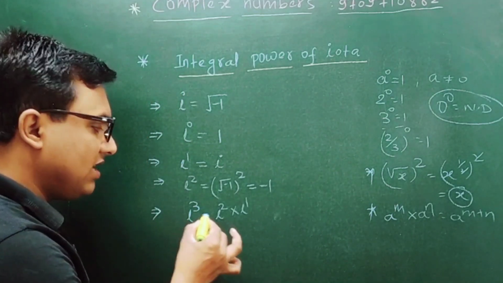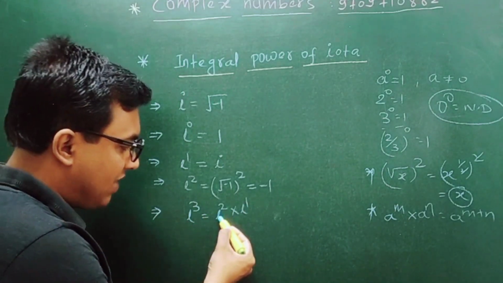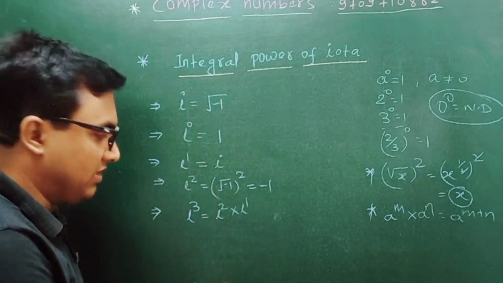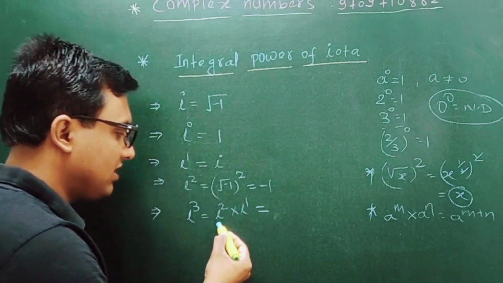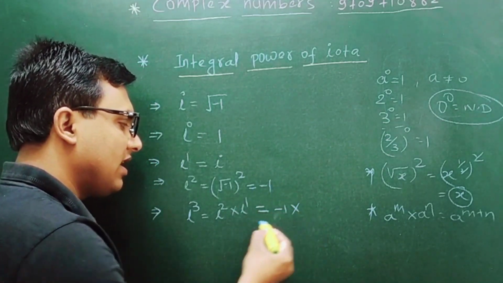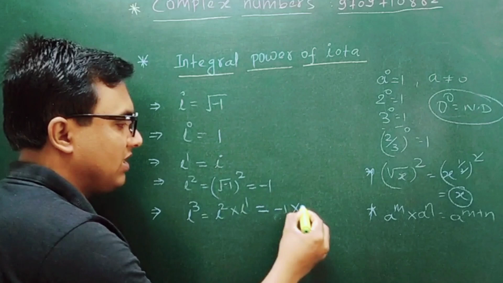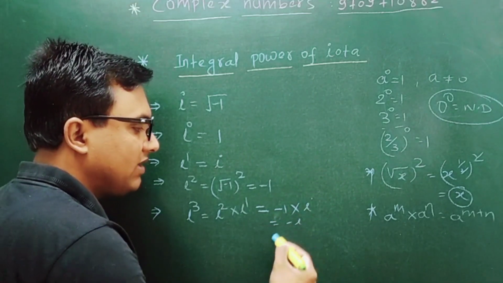Iota to the power 3 is written as iota square into iota to the power 1, 2 plus 1 is equal to 3. Clear? So iota square is equal to minus 1, iota to the power 1 is equal to iota, and it becomes minus iota, right?